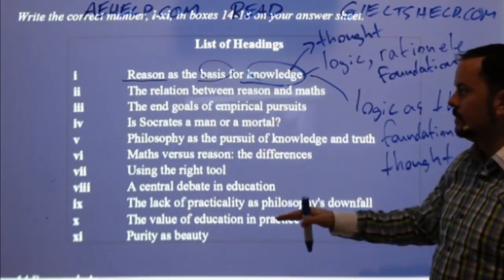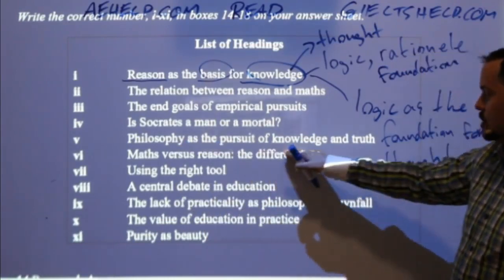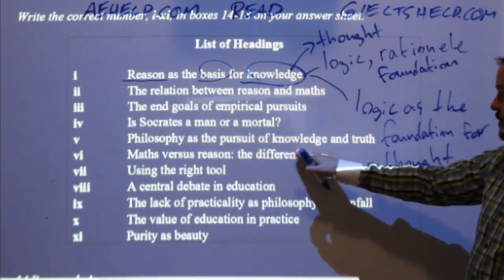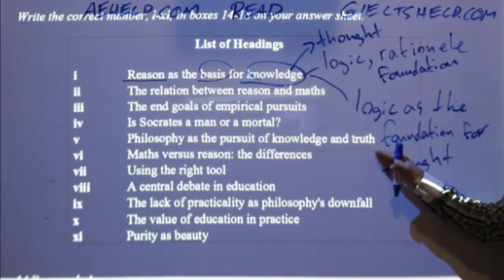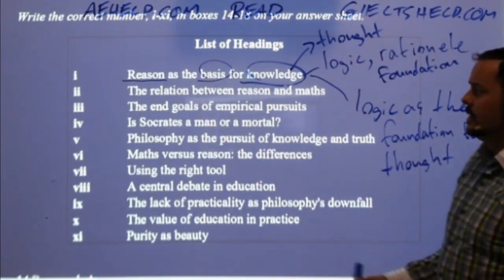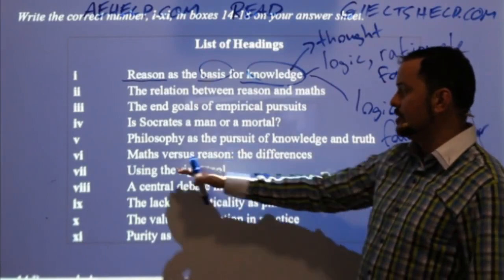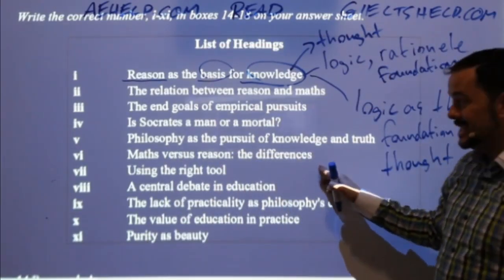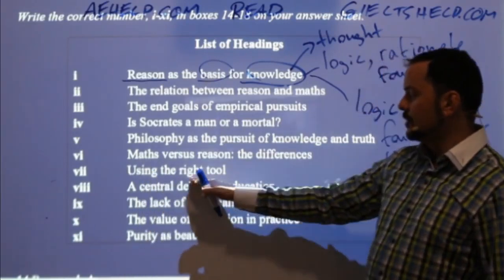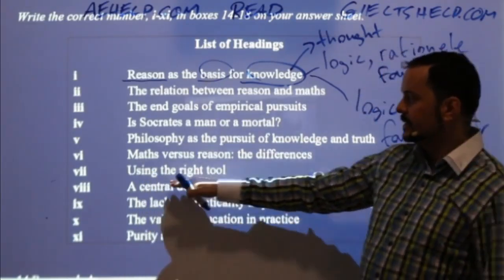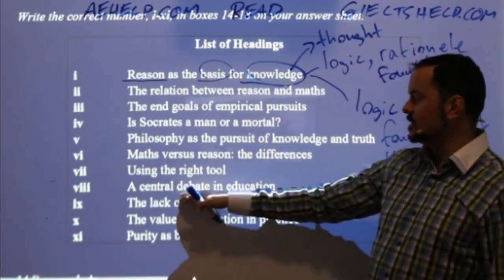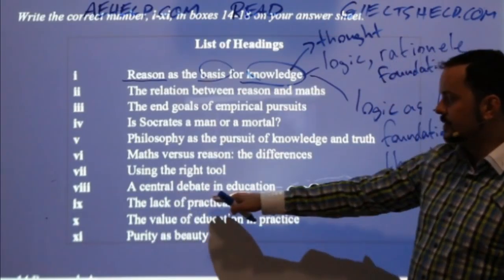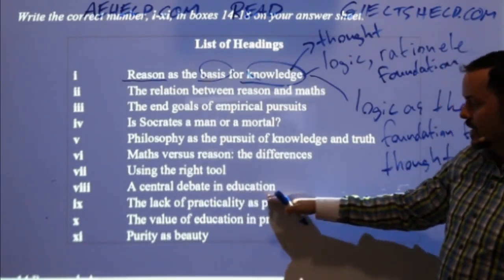That's immortal. Philosophy as the pursuit of knowledge and truth. Philosophy as the quest for wisdom and truth. Math versus reason. Arithmetic against logic. The incongruencies. Using the correct equipment instead of the right tool. Essential debate in education. A focal point argument in pedagogy.